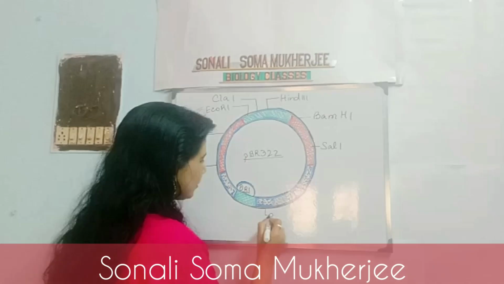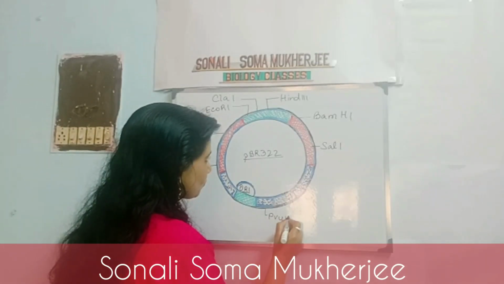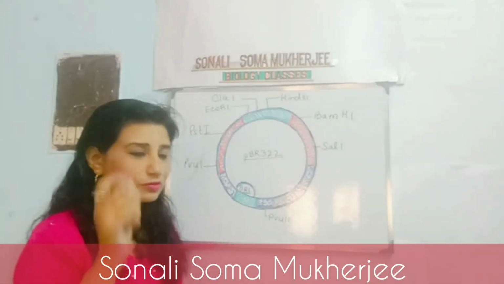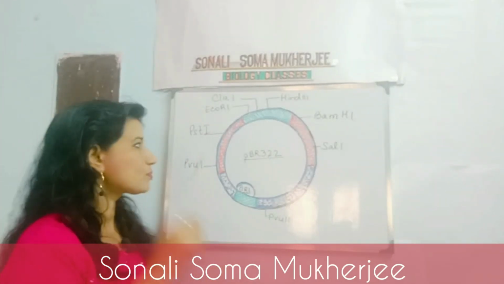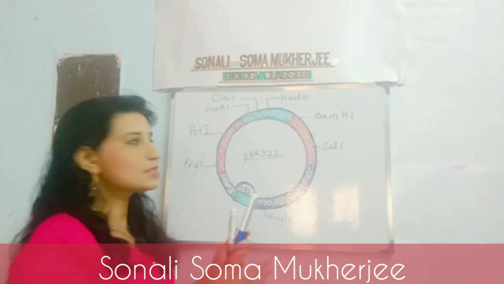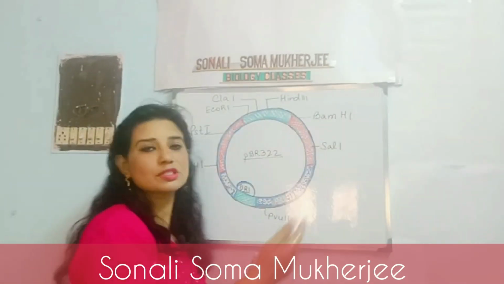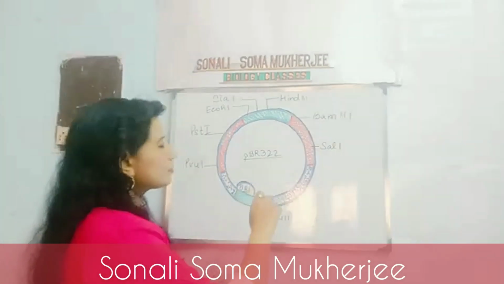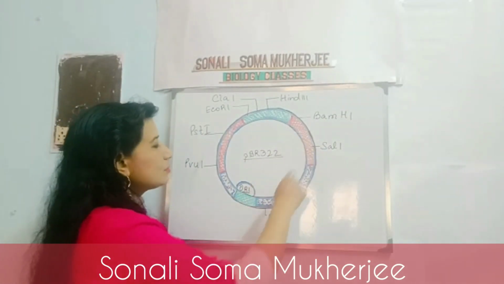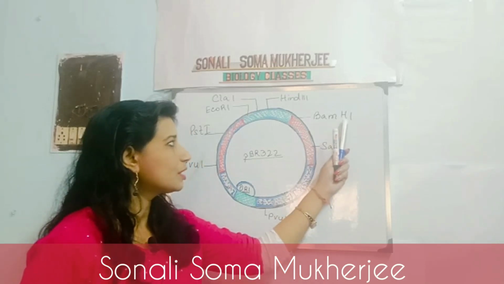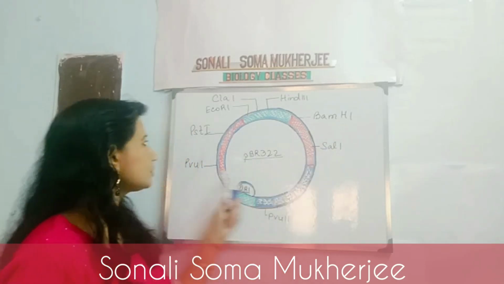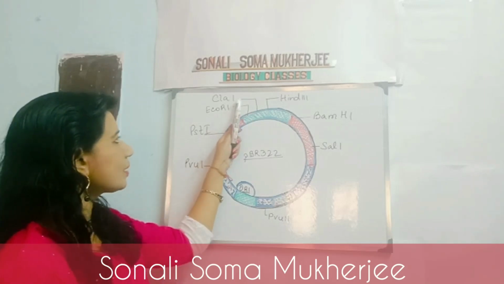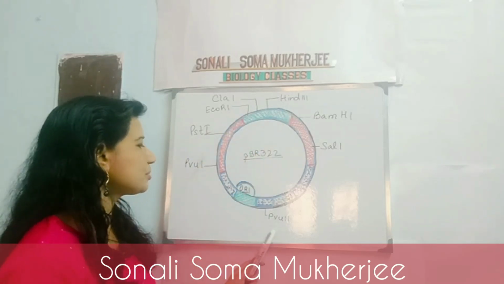There is PvuII. So let me take the names of all the restriction endonucleases in short first, then I will say the long forms. These are the names of all the restriction endonucleases which are used to cleave the vector, the plasmid: BamHI, SalI, PstI, PvuI, EcoRI, ClaI, HindIII and PvuII.